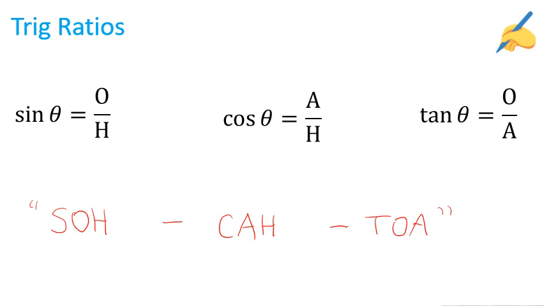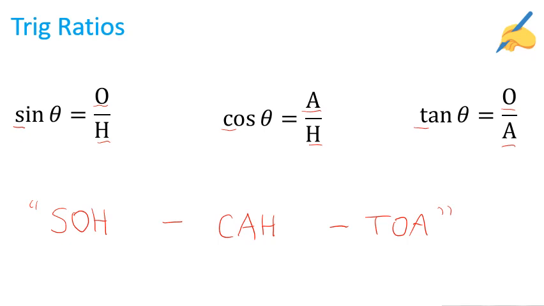So the S for sine, and then the O and the H make SOH, and then cos, the C, A and H make CAH, and TOA make TOA. So SOH CAH TOA. One of my old students used to say "suck my toe", but that's not what it is, it's SOH CAH TOA.